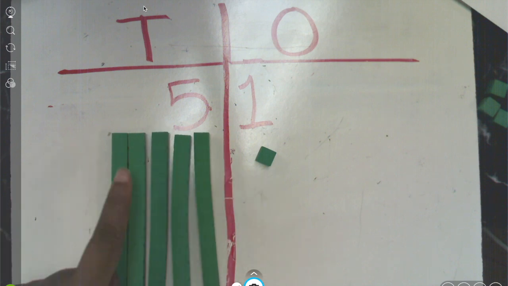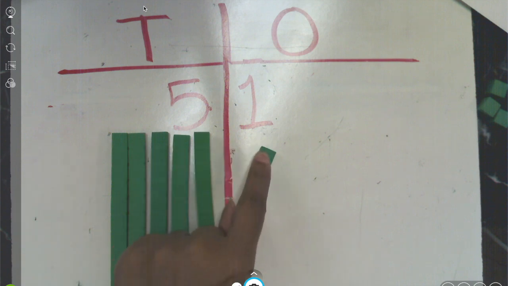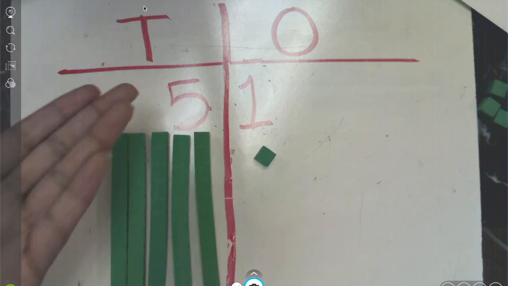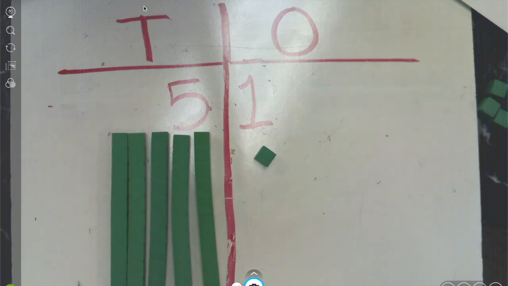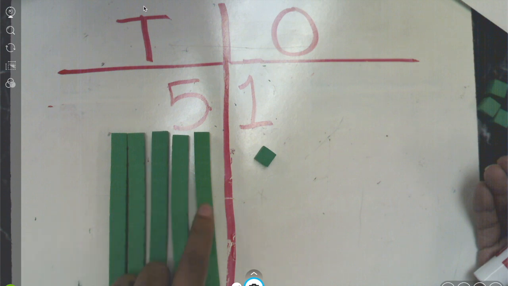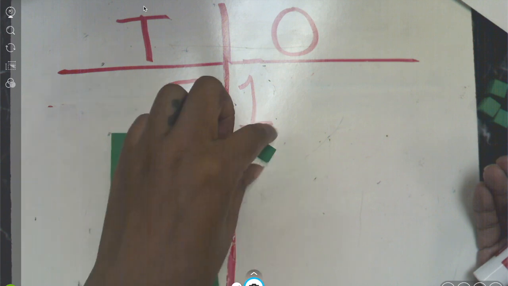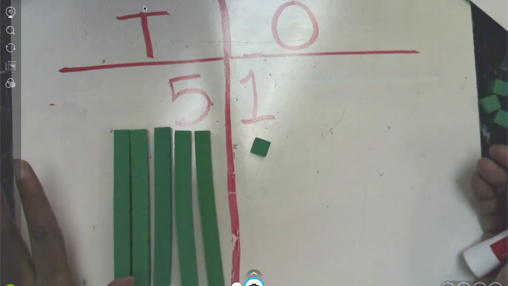So we have 10, 20, 30, 40, 50, 60. 60, but I wanted 51. What am I doing wrong? Oh, that's right. I should count my rods by tens, but I should have counted on with my units by ones. Okay, that's where I made a mistake.